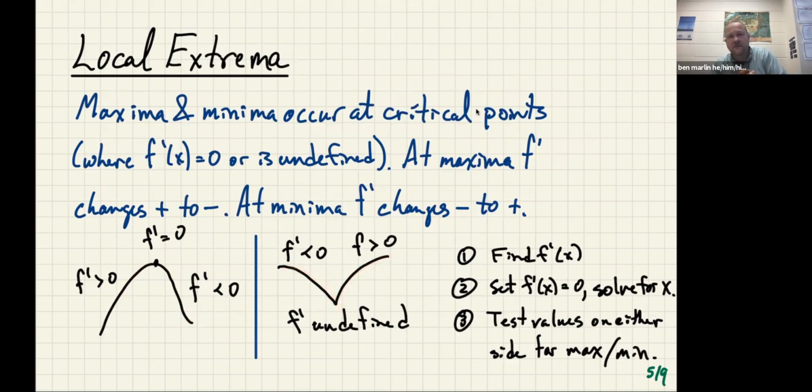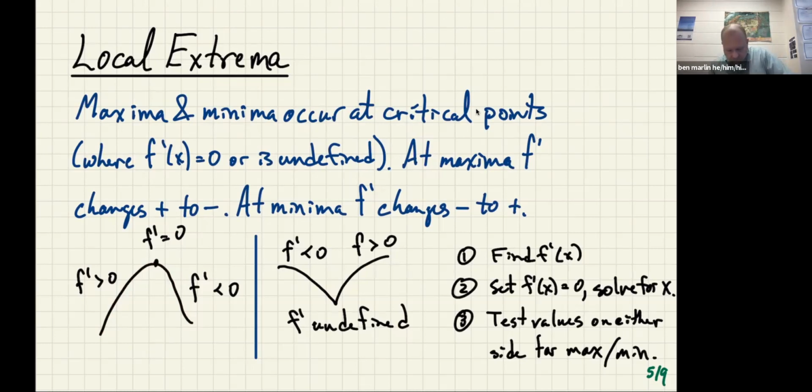Maybe I should say tops of hills and bottoms of valleys. Now, please realize that it may be the case that this local extrema is not the biggest extreme. I could certainly draw a quick function here that has a local maximum, and that when you get far enough away, you get something that's much more than that.